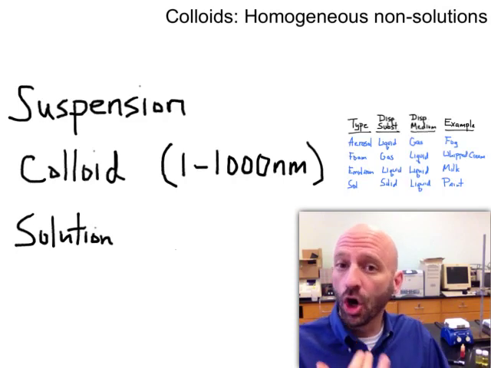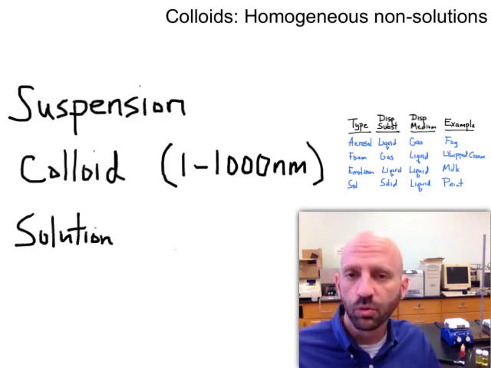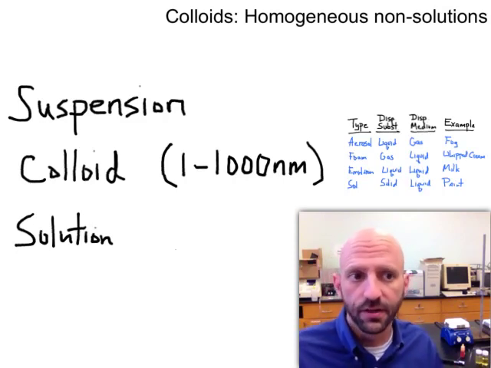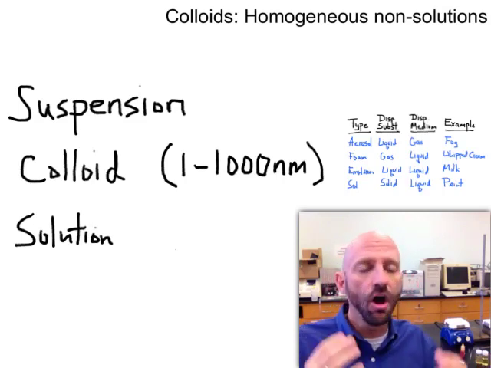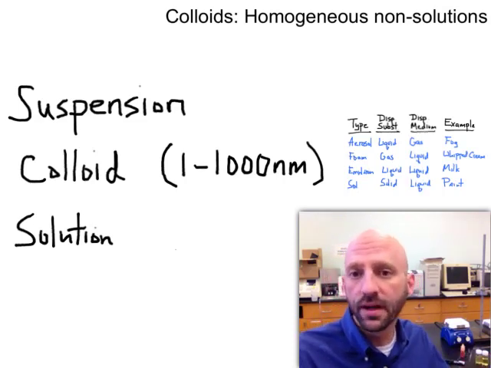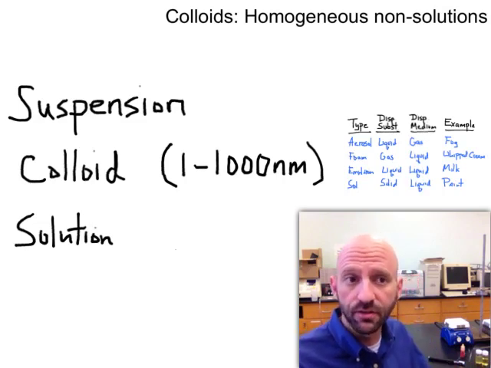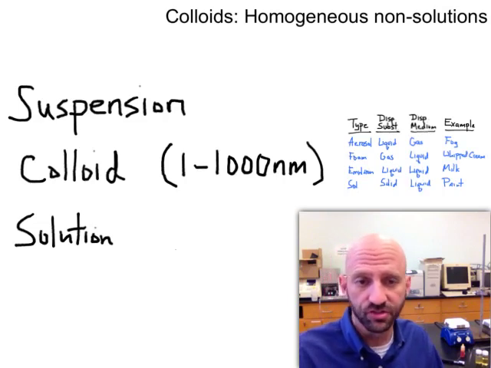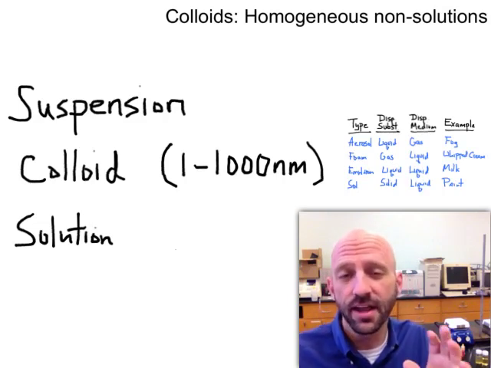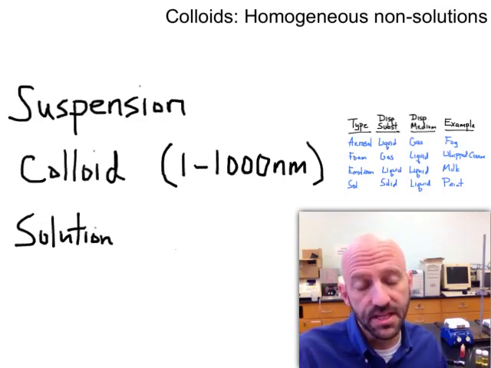Solutions are homogeneous, which means when you and I look at them, they look like one continuous material. And even all the way down to all but the molecular or atomic level, it really does behave like one continuous solution. So to the naked eye, and even at a greater level of detail, it behaves as if it's homogeneous.